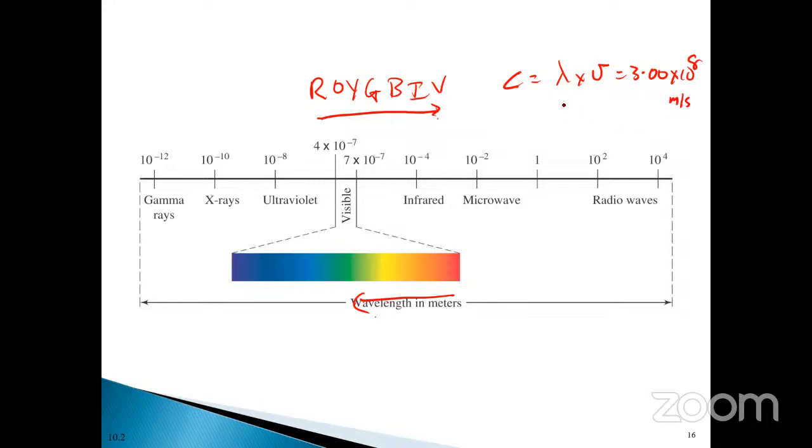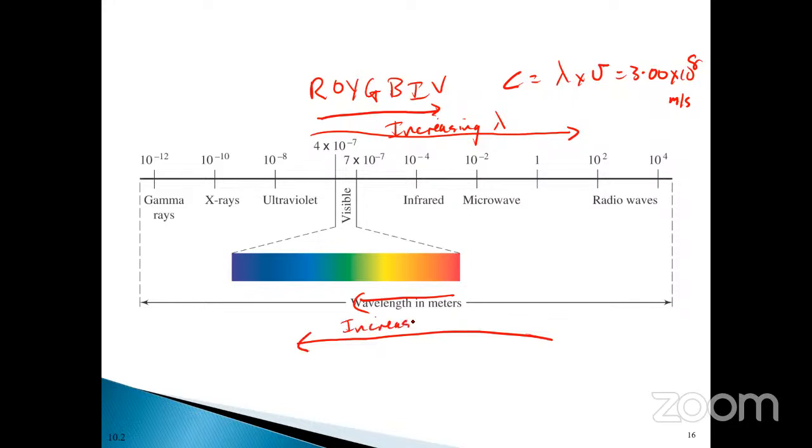So what that means, therefore, is that as the wavelength increases this way, so let me put an arrow here, this is increasing wavelength, then the frequency increases in the opposite direction, increasing frequency, all right? So that's basically the relationship between wavelength and frequency, all right?